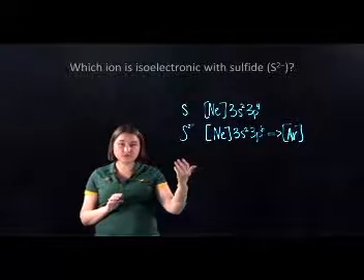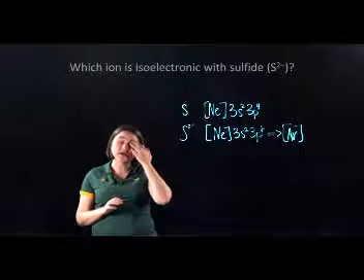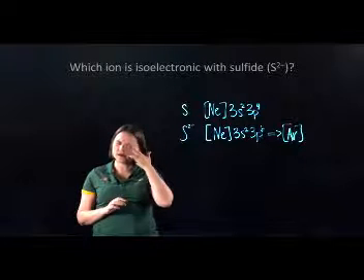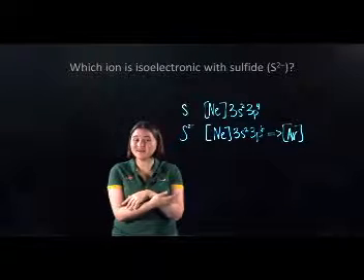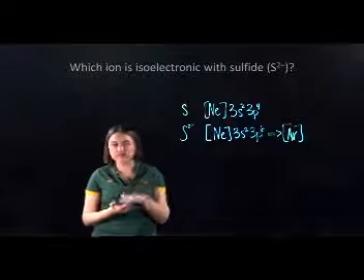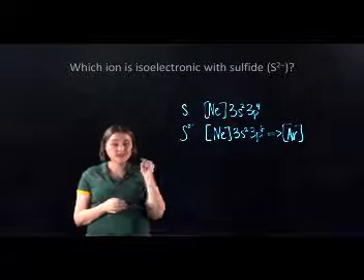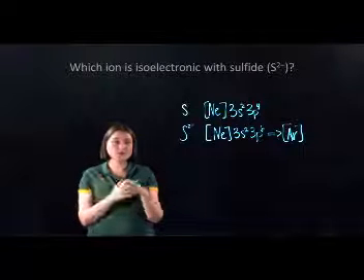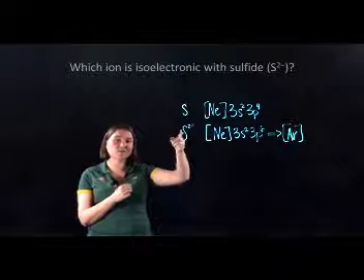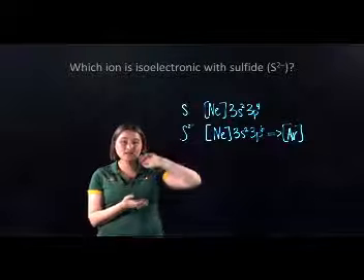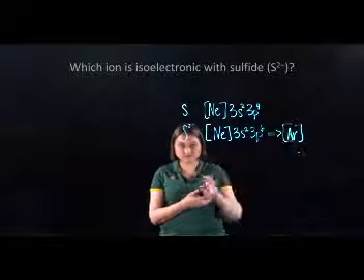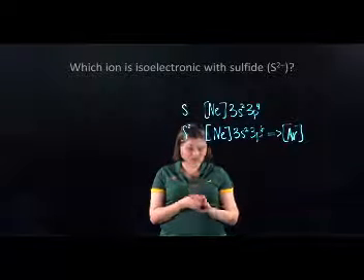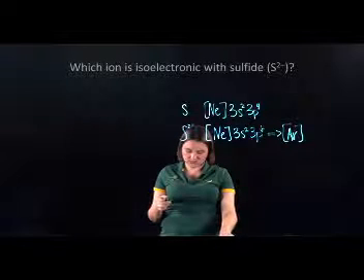So most of you got this right, so the majority of the class got this right. The majority of you who got it wrong picked oxygen. And so if you are in the same column, you automatically can't be isoelectronic. Yes, you have the same charge. O is also a 2- ion. But because it's in the same column, that means it's automatically going to have a different noble gas configuration. So O2- was not the correct answer.